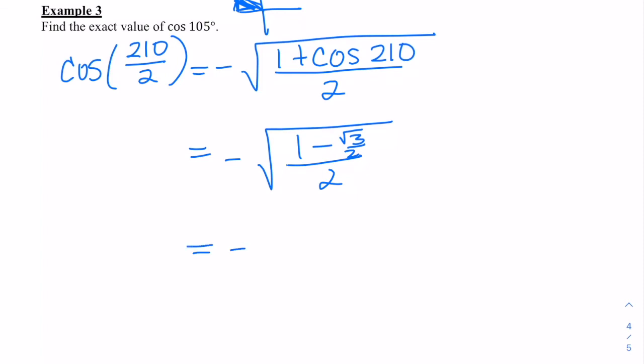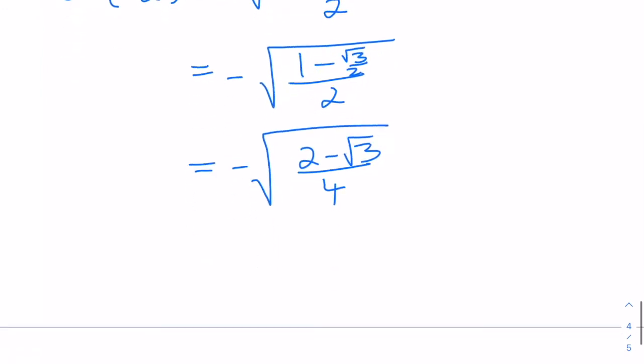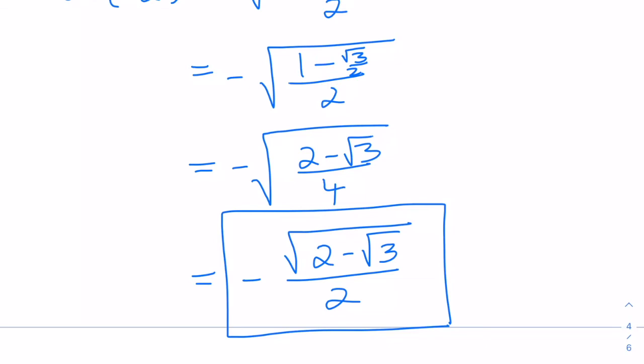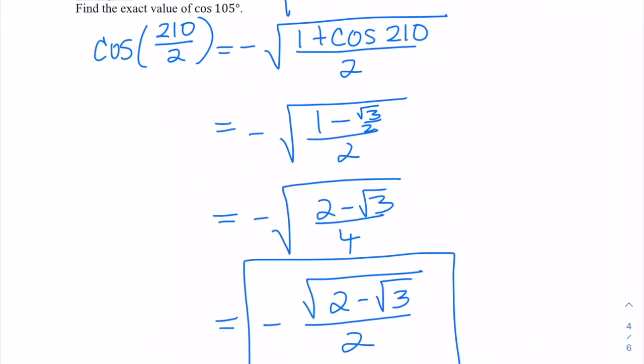So we'll have negative the square root of 2 minus root 3 over 4, and this is under the same radical here. I can simplify this a little bit further. So we have negative, and it'll be a radical within a radical: 2 minus the square root of 3, over 2. And that's as far as we can go. And that is actually the exact form for the cosine of 105.